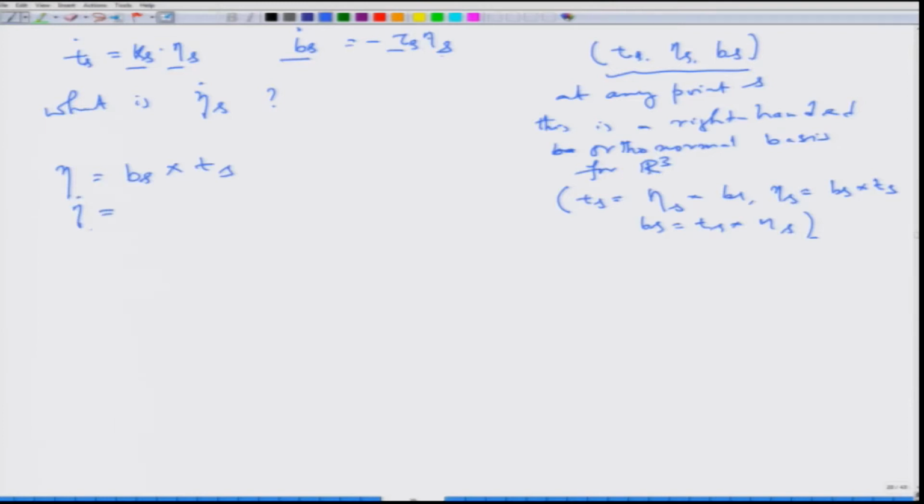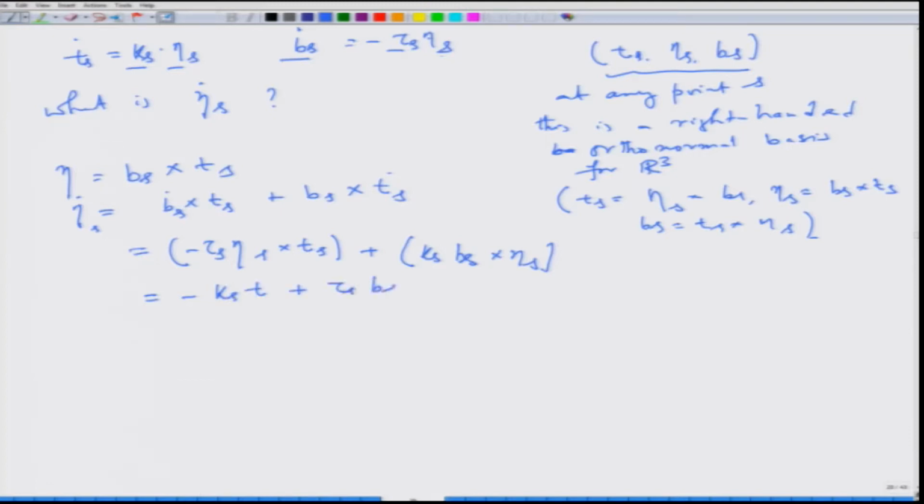So, again using the previous formula, η'(s) is equal to B'(s) cross T(s) plus B(s) cross T'(s), which is equal to, if I use the above formula, minus τ(s) T(s) cross T(s) plus k(s) B(s) cross η(s), that is simply minus k(s) T(s) plus τ(s) B(s).